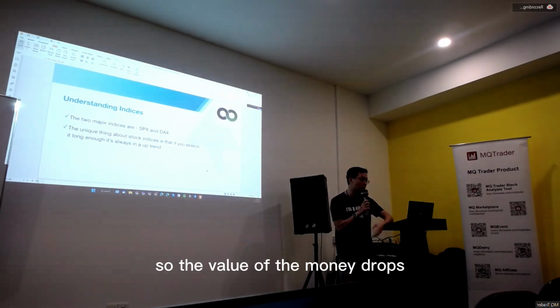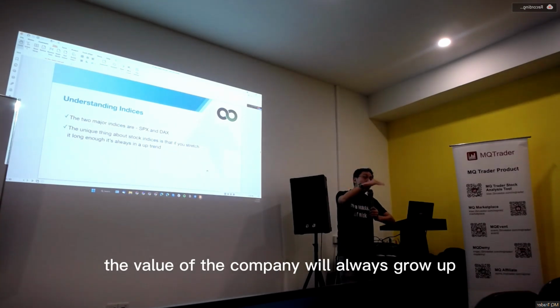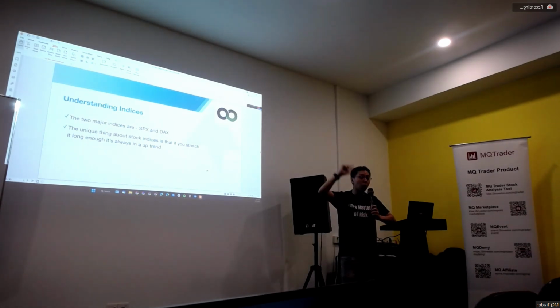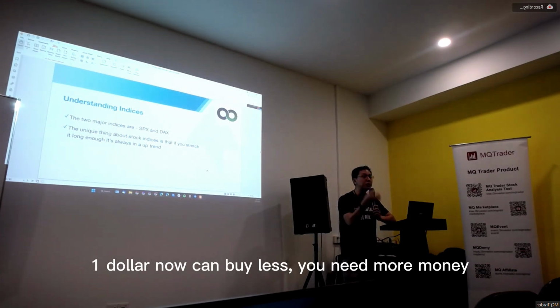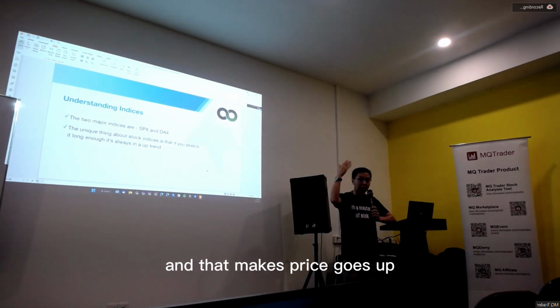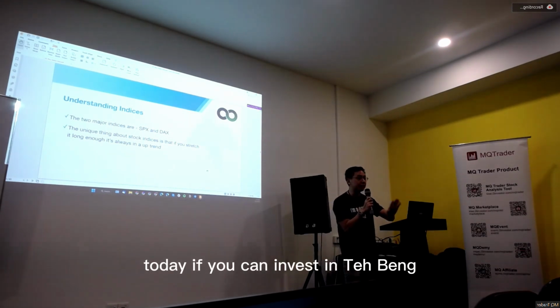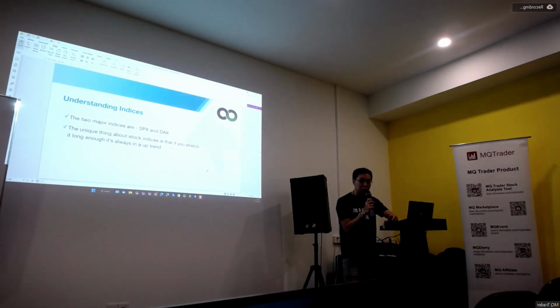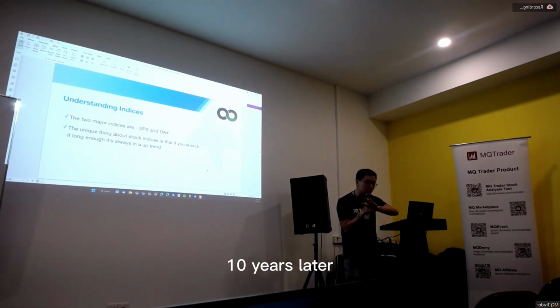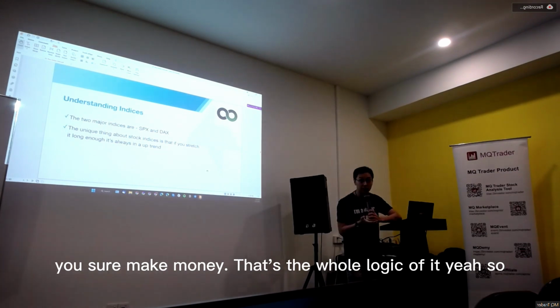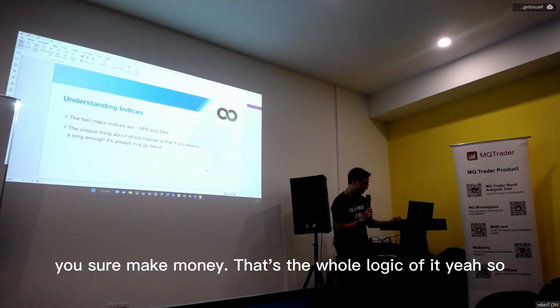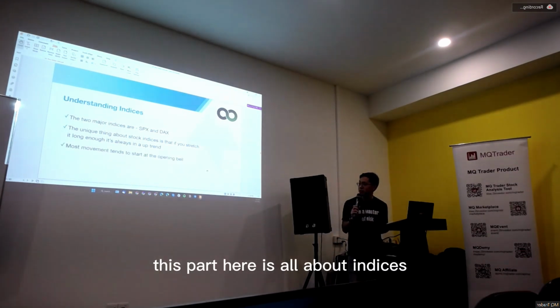So if the value of the money drops, the value of the company will always go up. Because money drops. $1 now can buy less, you need more money, and therefore the price goes up. You understand, right? So you just think of it as, today if you can invest in a good company, you invest. 10 years later, you should make money. That's the whole logic of it. Yeah. So this part here, that's about the indices.